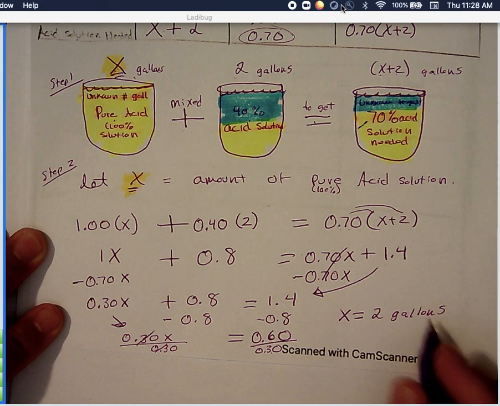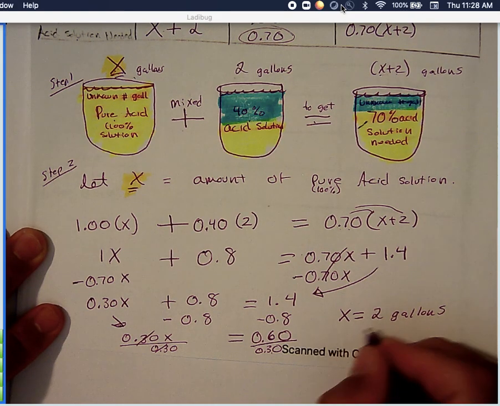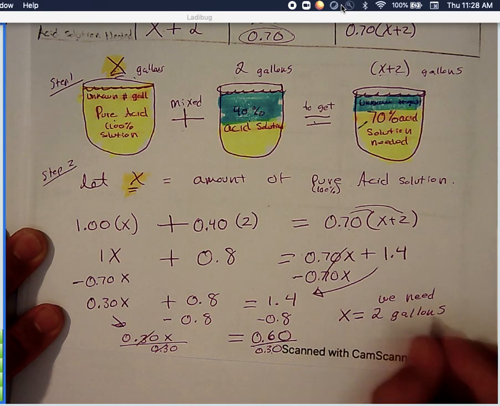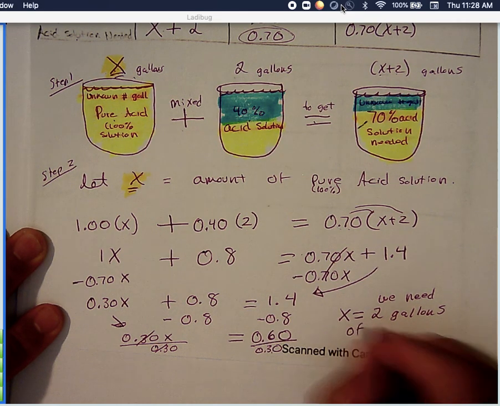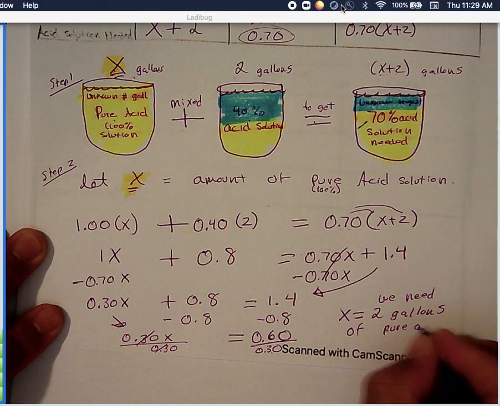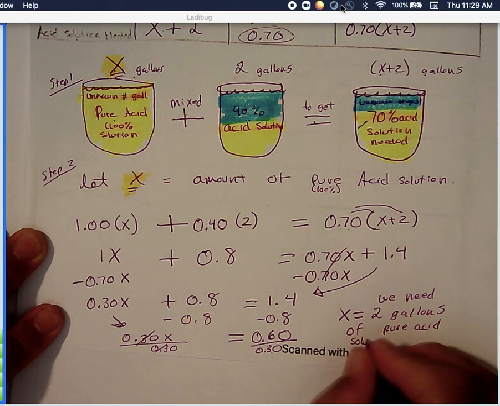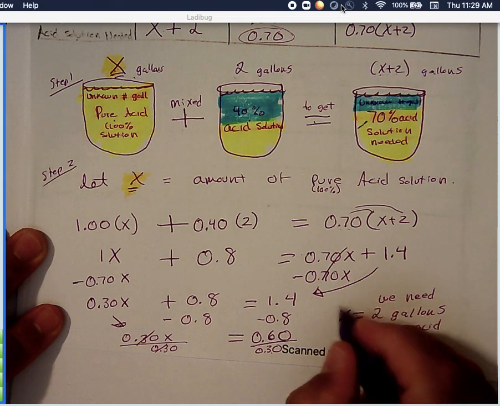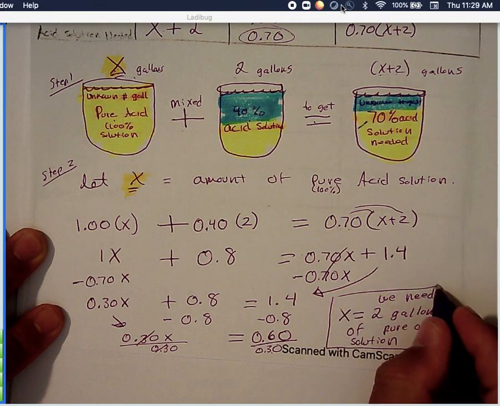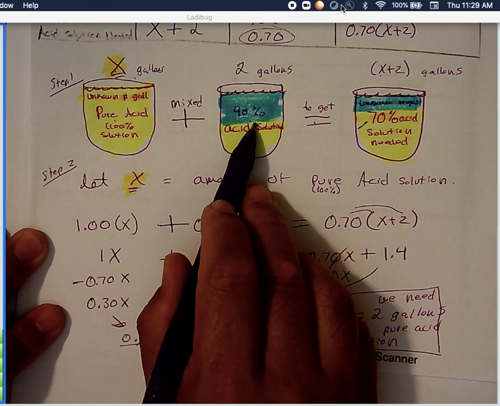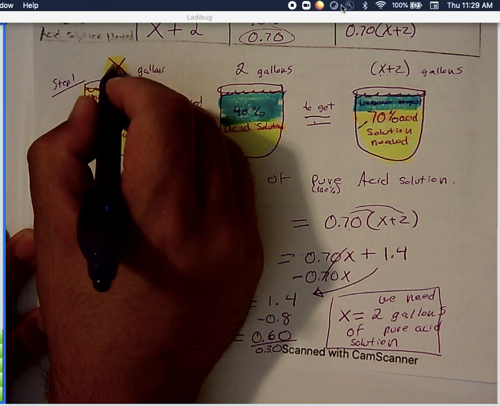2 gallons we need, so we need 2 gallons of pure acid solution to be mixed with the 40%. So this would be 2 gallons.